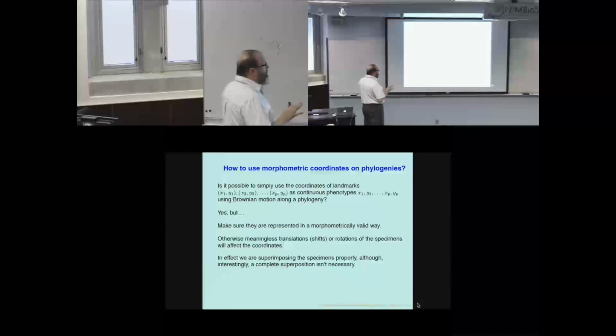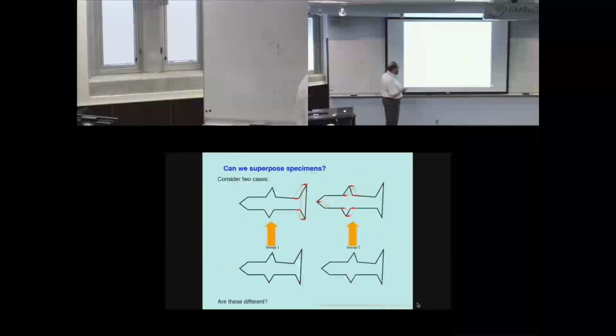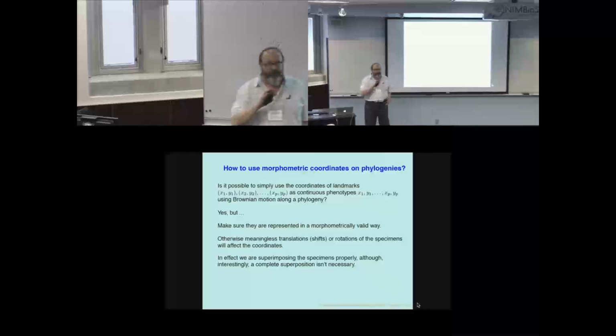There's a problem, and the problem is to avoid meaningless translations or rotations of the specimens. And it can be thought of as the problem of superimposing the specimens on each other. Although watch out, we're going to reject that in a moment.